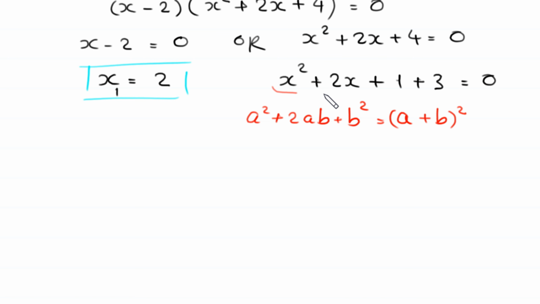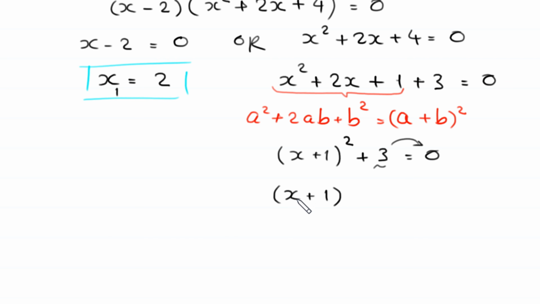This x squared plus 2 times x plus 1 will become x plus 1 whole squared plus this 3 is equal to 0.